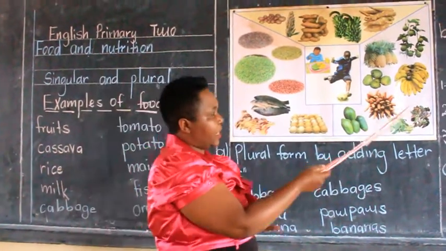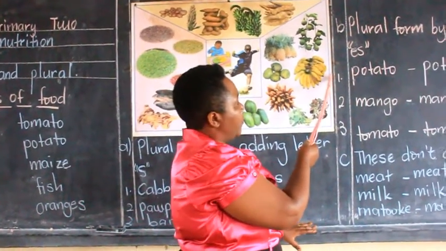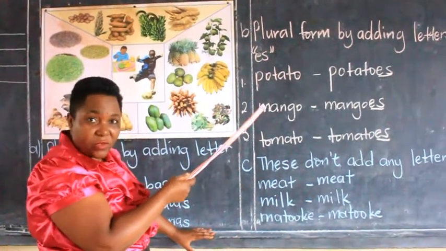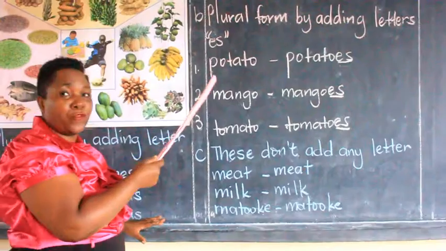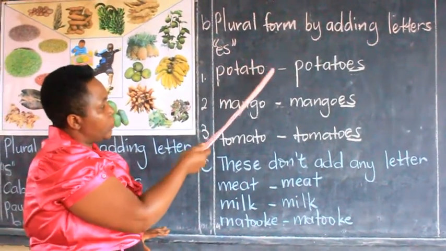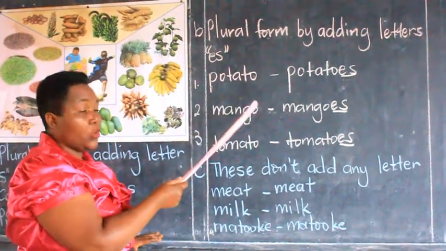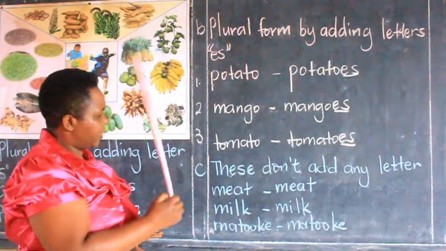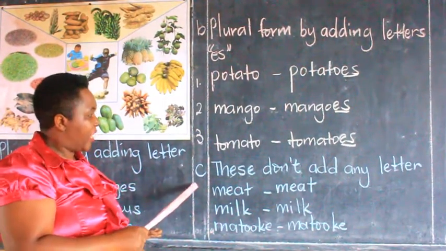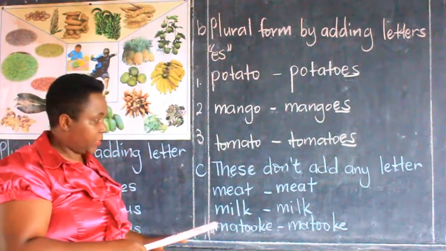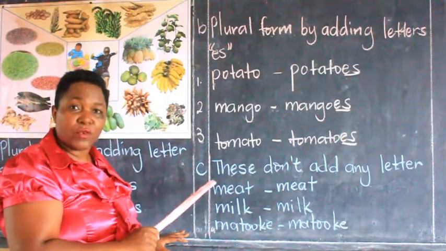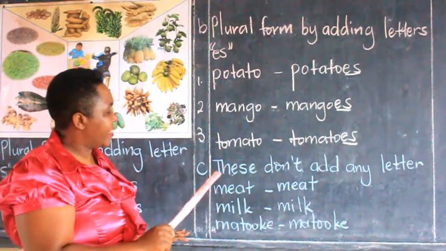Then the second category is plural form by adding letters ES. These are not very many, that's why I also gave a few. We have potato, potatoes, mango, mangoes, tomato, tomatoes. Then the third and last category for today's lesson are those words in plural form that don't add any letter.